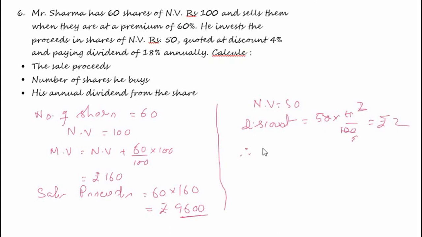Therefore, the market value at which he buys is NV, that is the nominal value, minus discount, that is 50 minus 2 equal to rupees 48. So the market value at which he buys the shares of the second company is rupees 48.